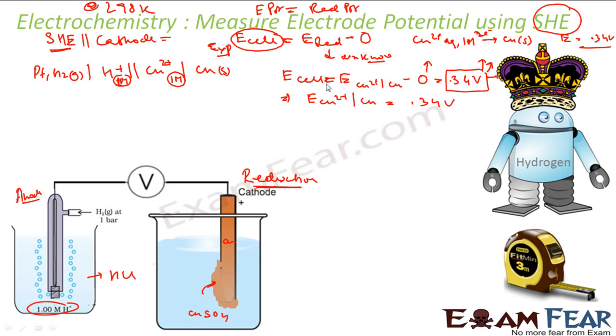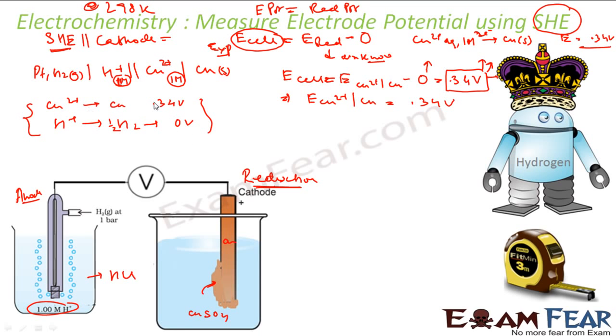I hope you understand. See, Cu2 plus to Cu has the value of 0.34 volt, and I am assuming H plus to H has the value of 0 volt. What does it mean? Anyway, this was assumed, so since this was assumed I got this value, right? Both are dependent. Compare these two equations.